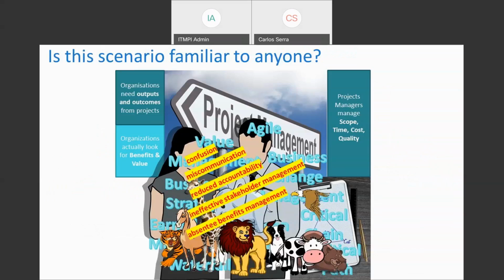Therefore, the type of complexities that I presented in both of the previous slides can make project teams less likely to be successful in doing their jobs and in enabling the realization of benefits. Then, I ask you, is this scenario familiar to any of you?